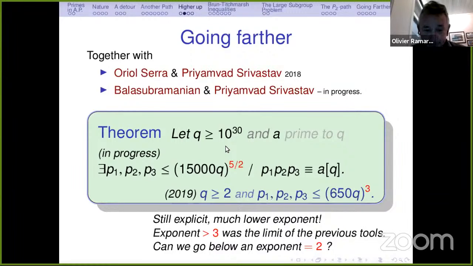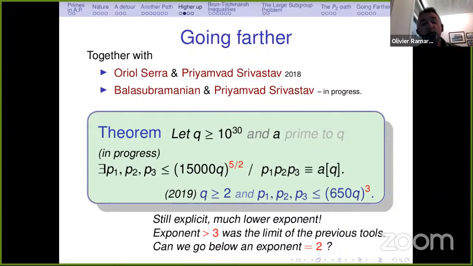So the 5/2 is much better than the 16/3. It's 2.5, so it's much less than the exponent we have for Linnik's constant. Even if you take the product of 3 of them, the product is too large, but at least each one is small.